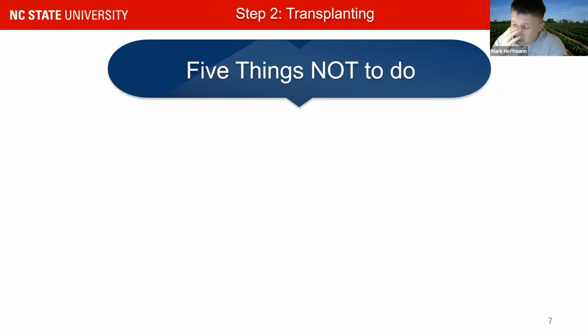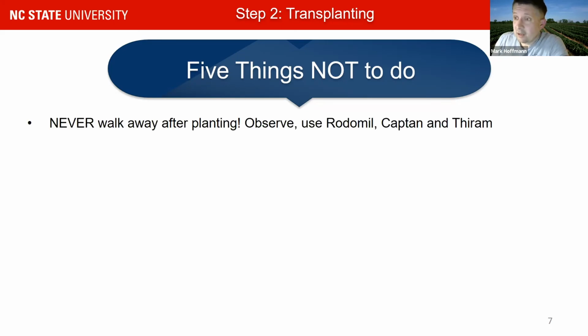So I summarized 5 things which you really should not do when you plant, in terms of disease. The one thing which I feel is really important is never just walk away after planting. If you plant plug plants, you have to observe, and use Ridomil, and your Captan and Thiram applications to make sure that your plantings are healthy.